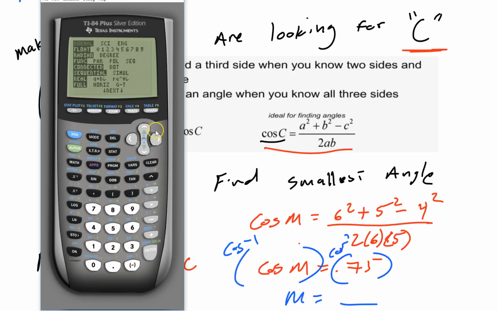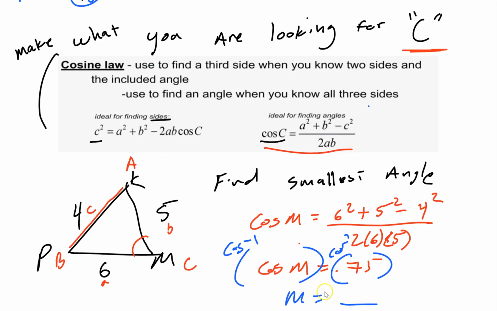If I switch it to degrees and select my cosine inverse, I get 41.409, 3 sig figs, 41.4 degrees.